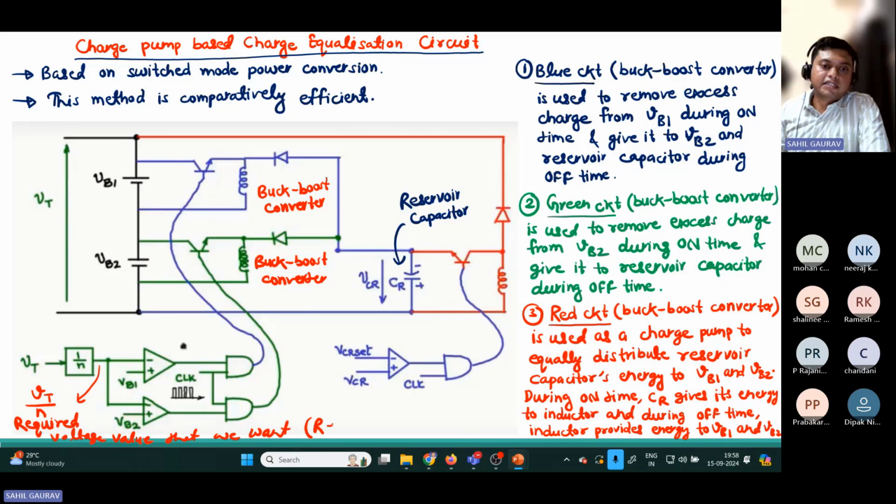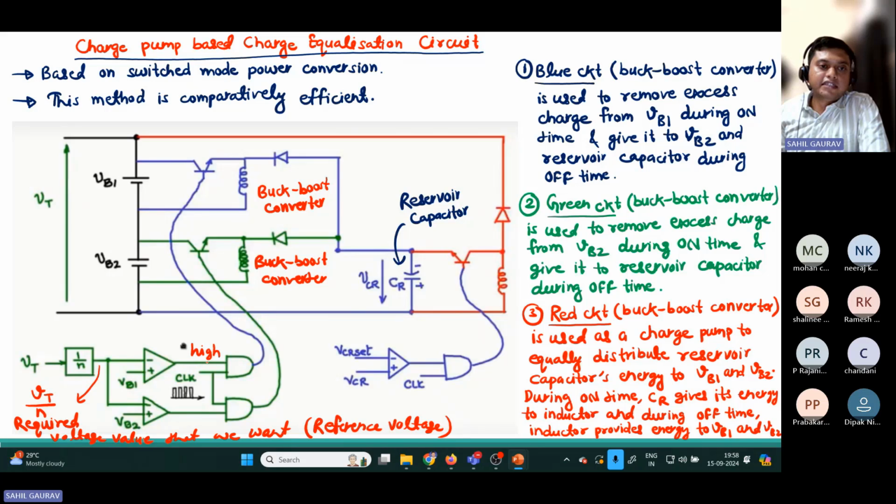In other words, you can say that this is the reference voltage that we want across each battery. So you have to pass it through this comparator, and if this voltage is less than the present value, then the output gets high.